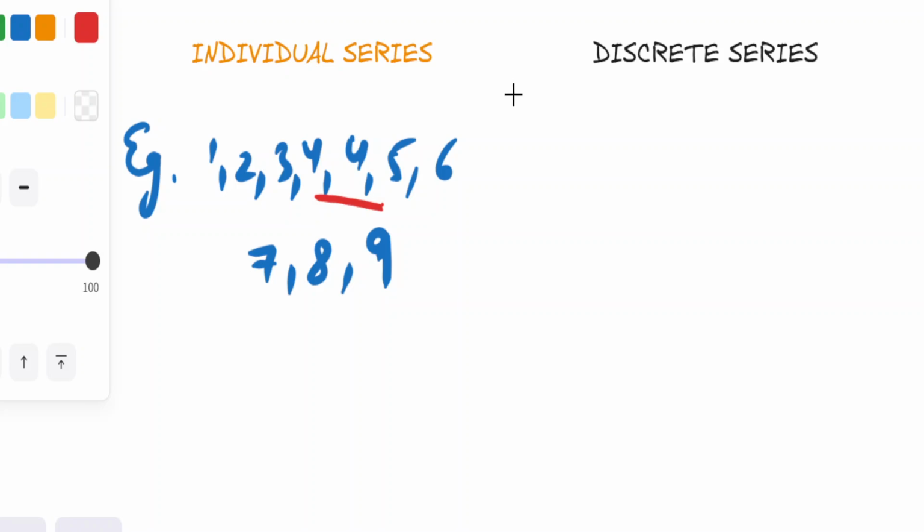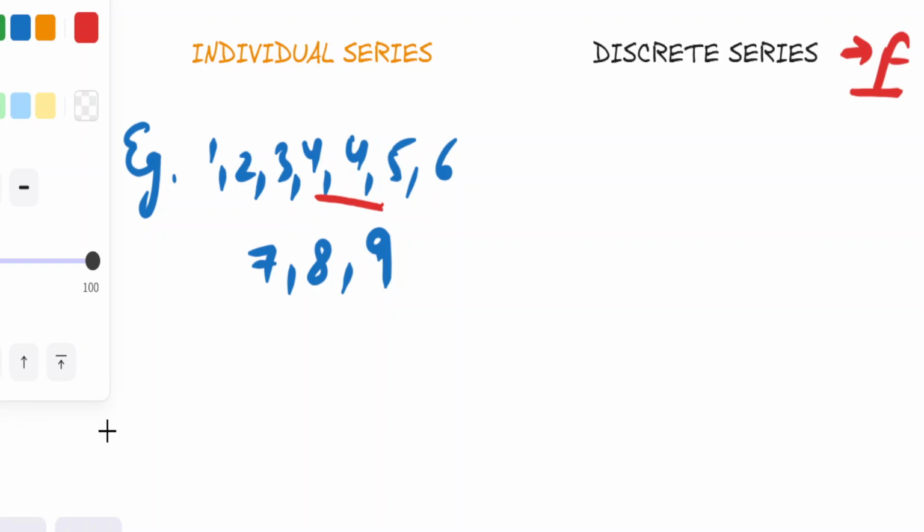Now let's come to discrete series. Discrete series is a kind of series where numbers are repeating continuously and we represent those numbers in table format, where discrete series holds the word frequency. Frequency is basically the number of times a particular number is repeated in the complete series.